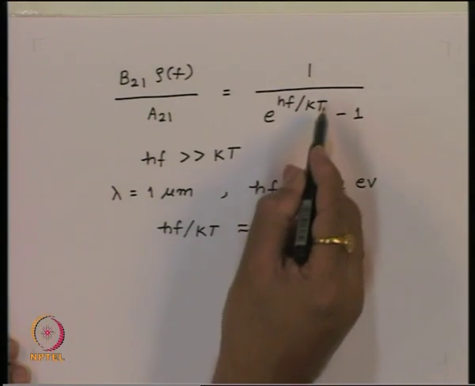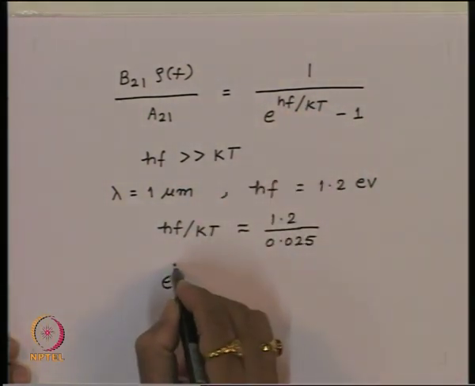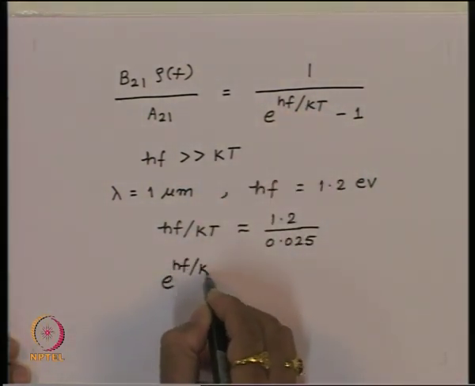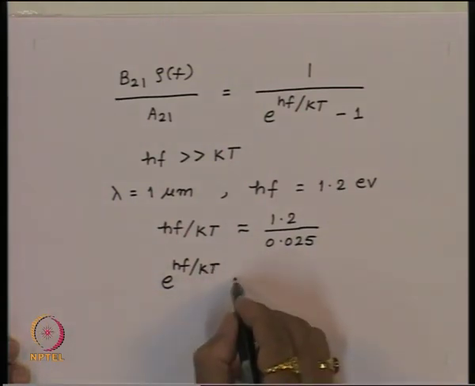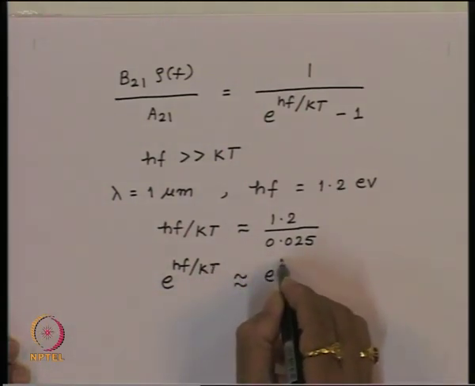So this quantity here, e to the power hf upon kT, will be of the order of e to the power 50.